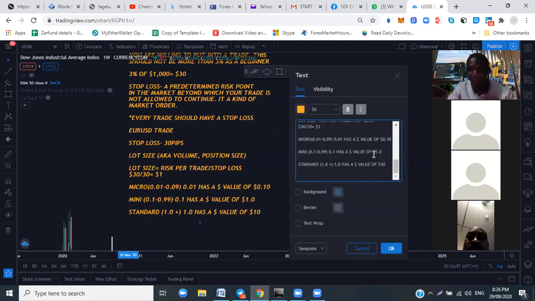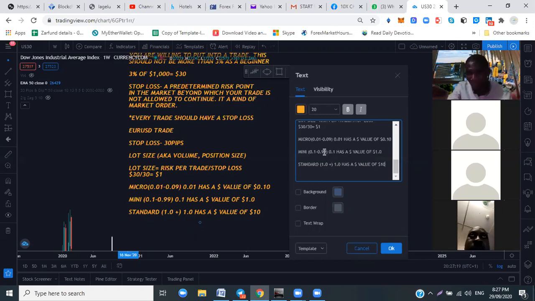All right. So now if you have 0.5, what is the dollar value for 1 pip? 0.5 is a mini lot, right? It falls into the mini lot category. Yes. Okay.